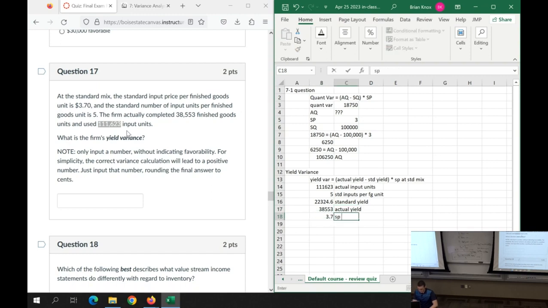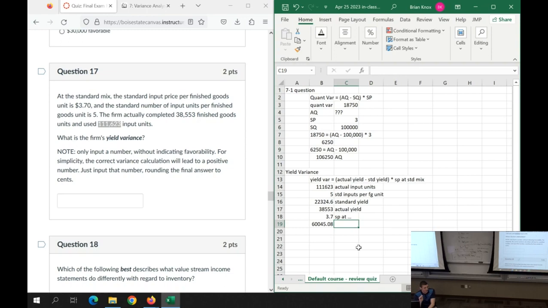This is the SP at standard mix. So I'm just going to take these two, put parentheses in, subtract them and multiply them by the 3.7, just following the equation right here. Actual yield minus standard yield, times standard price at standard mix. That should be our number.